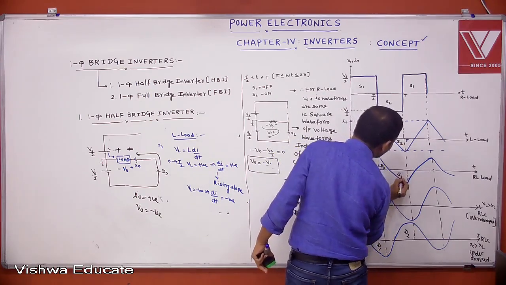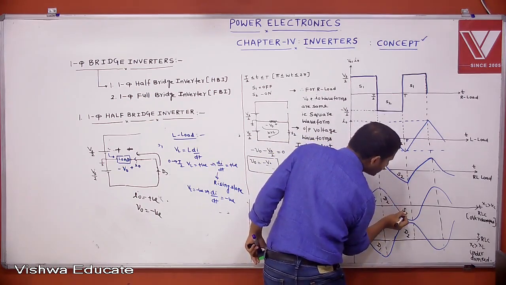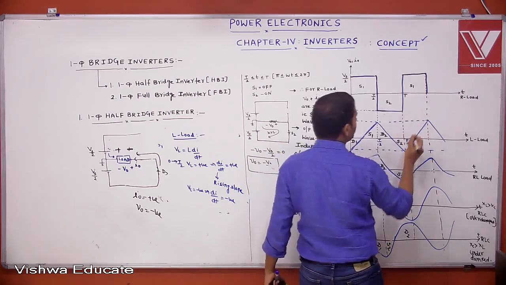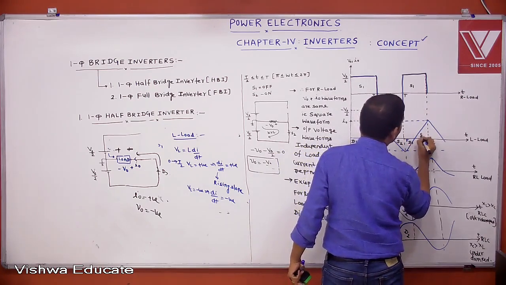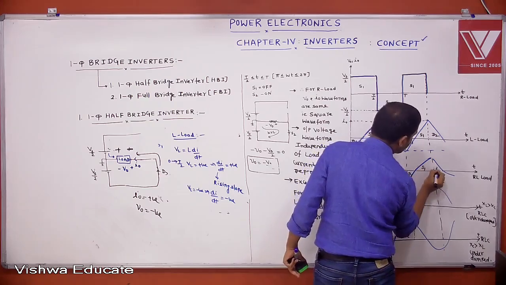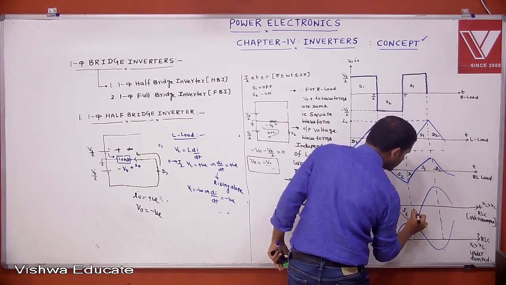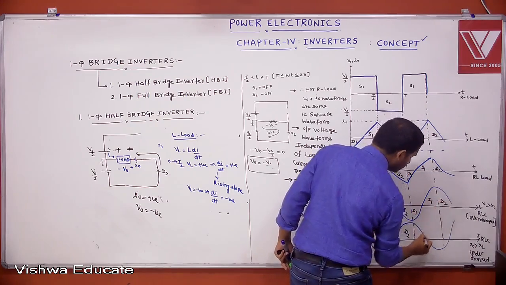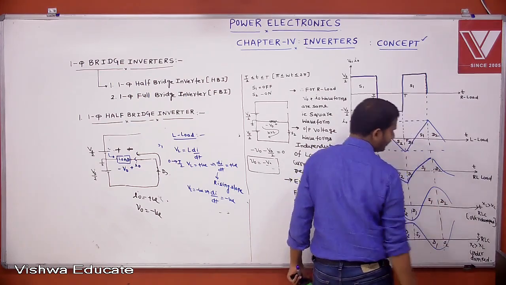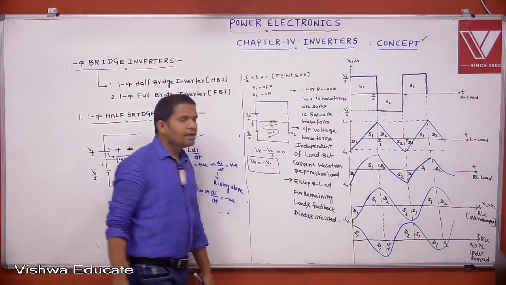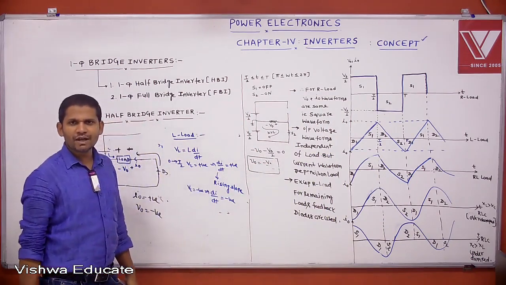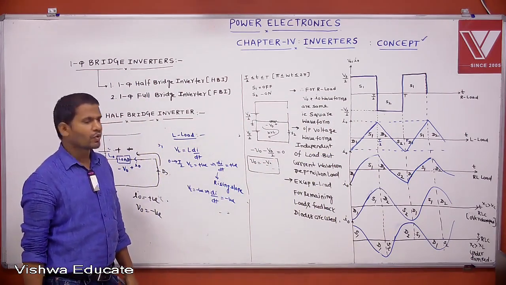Again the cycle is repeated: D1, S1, D2, then S2. These are the devices that will conduct to satisfy these waveforms. The sequence of conduction of devices concept is important.